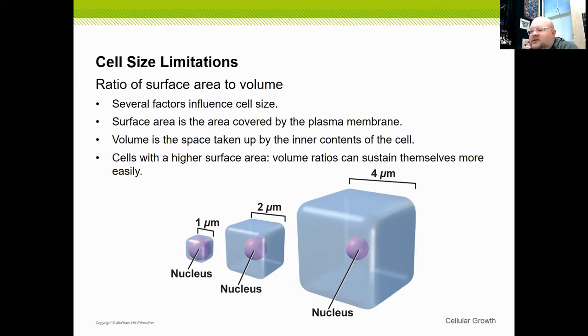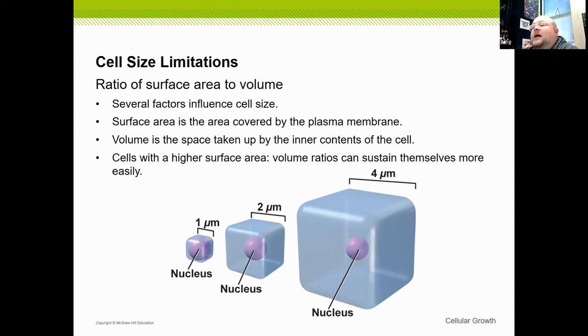Things go from the nucleus to the plasma membrane through the cytoplasm. The closer the plasma membrane is to the nucleus, the easier it is for things to transport in and out of it. The further the plasma membrane is from the nucleus, the more difficult it is for things to travel in and out.